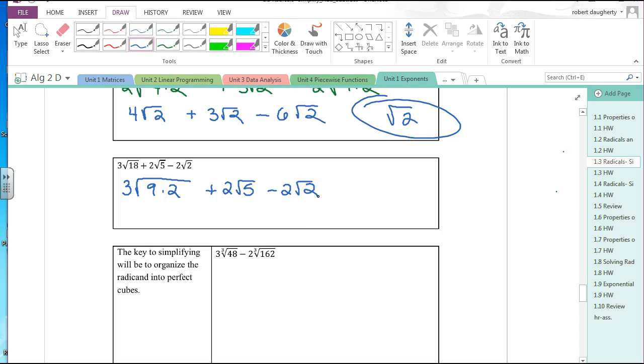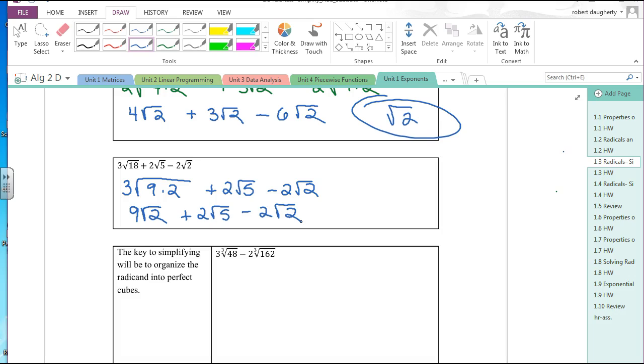What's the square root of 9? 3. So this first term becomes what? 9 square root of 2 plus 2 square root of 5 minus 2 square root of 2. Can any of those be combined? The first and the last one can.